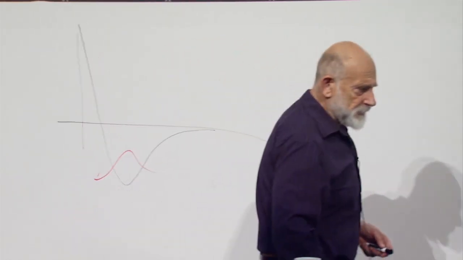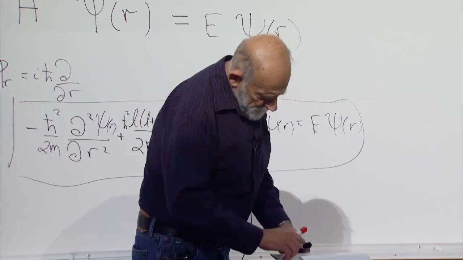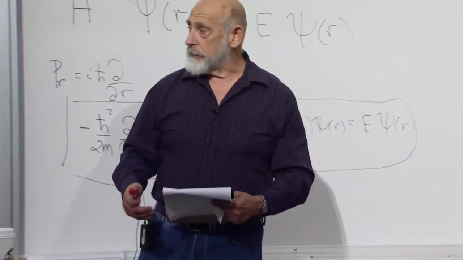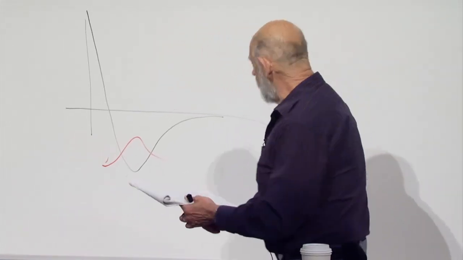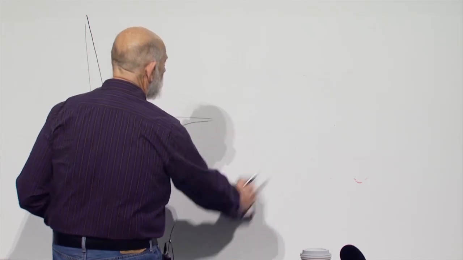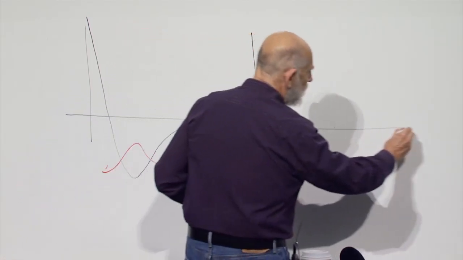Okay, let's see how I did this. Let's plot horizontally the different angular momenta, the little l's.